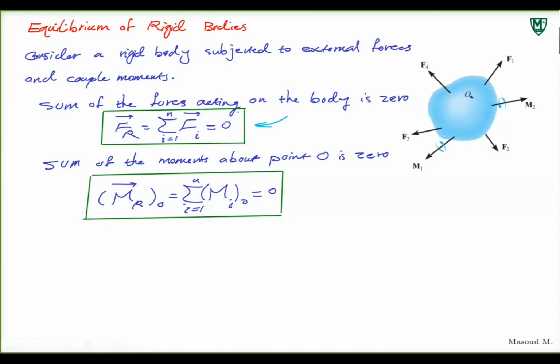So another big difference between a particle and a rigid body: a particle is an idealization of a rigid body. It means it's a concentrated mass. We don't care about its shape. A rigid body means we have a body, we have a mass, and we also care about its shape, right? The force applied to this point has a different effect compared to the force applied to this point.